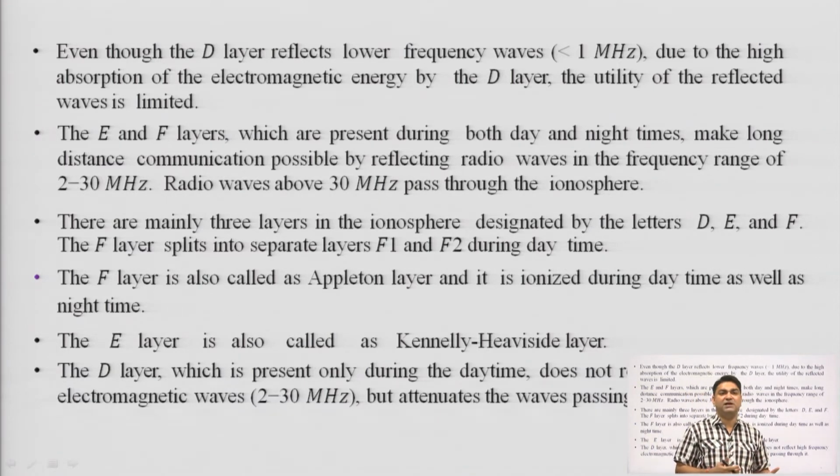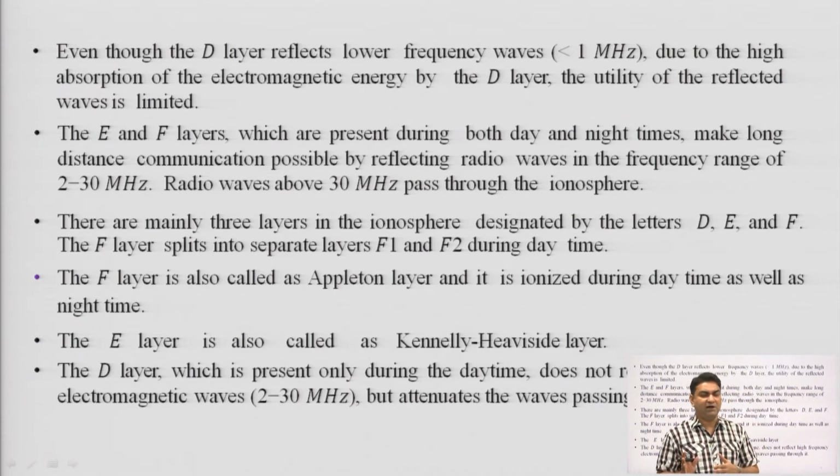The E and F layers are very stable. F1 and F2 are discriminated only because of their different ionic density, but during night this discrimination vanishes and the two layers combine to form a layer known as the F layer.